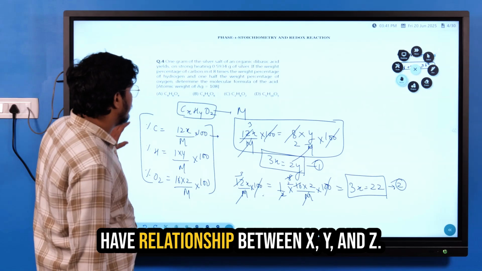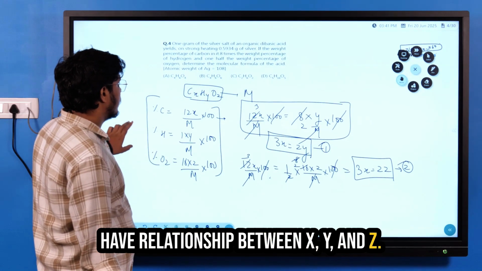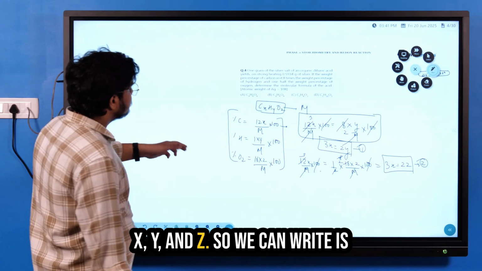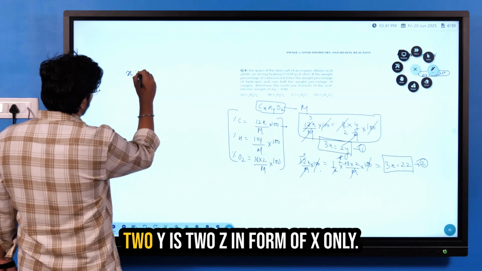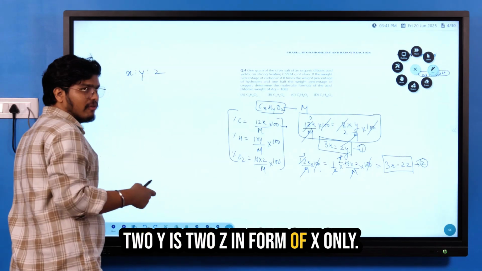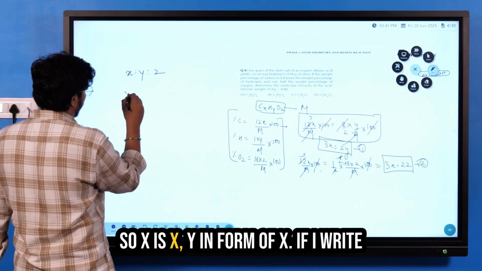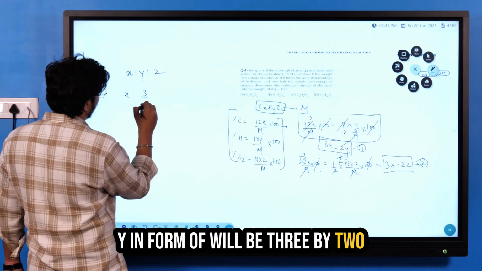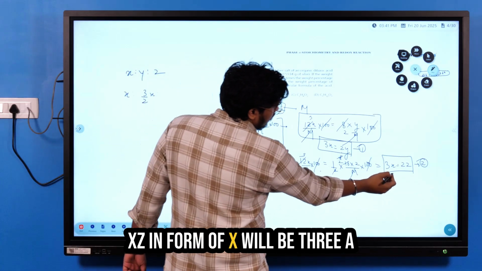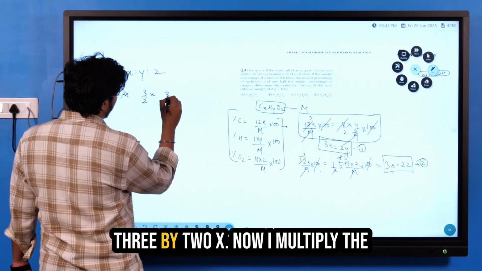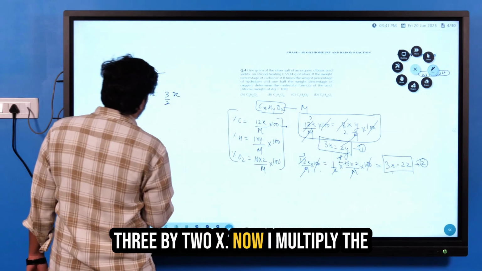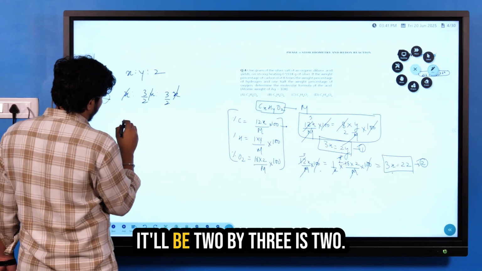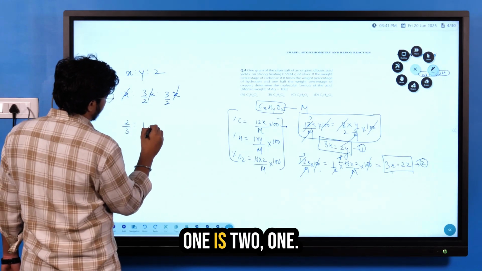So now we have the relationship between x, y, and z. So we can write x is to y is to z in terms of x only. So x is x, y in terms of x would be 3 by 2 x. Z in terms of x will be 3 by 2 x. Now, if I multiply this whole ratio with 2 by 3, it will be 2 by 3 is to 1 is to 1.